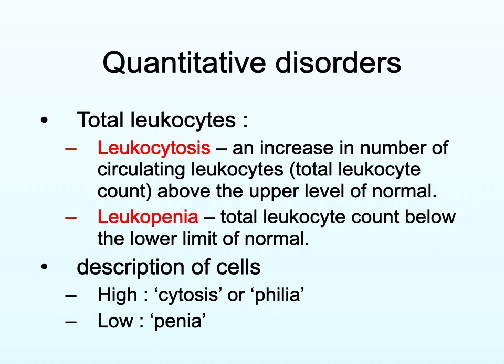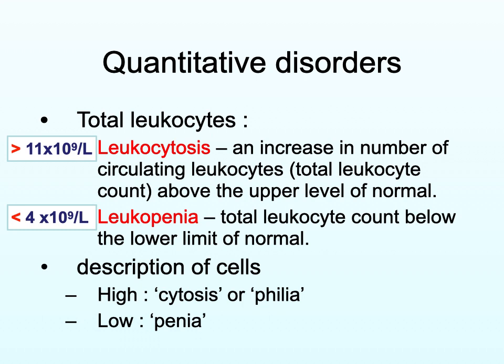So leukopenia happens when total leukocytes is below 4 times 10 to the power of 9 per liter, and leukocytosis is when the total leukocytes is above 11 times 10 to the power of 9 per liter.